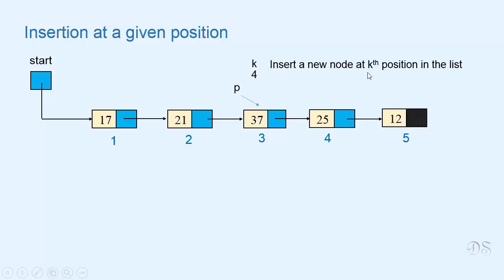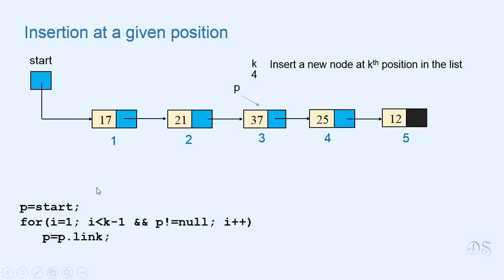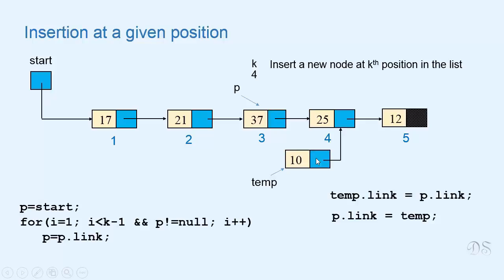So if we have to insert a new node at kth position in the list, we require a reference to k minus 1th node of the list. We have already seen how to find this reference. This code will give us reference to k minus 1th node of the list. After finding this reference, we allocate a new node and insert it here using these two statements of insertion. So now this new node becomes the 4th node and this becomes the 5th node and this becomes the 6th node.